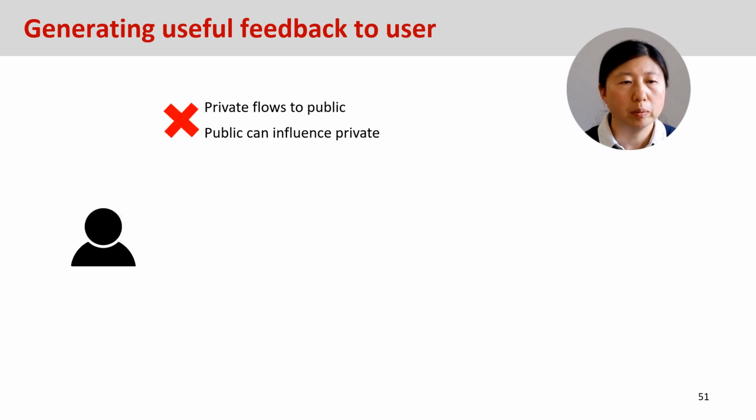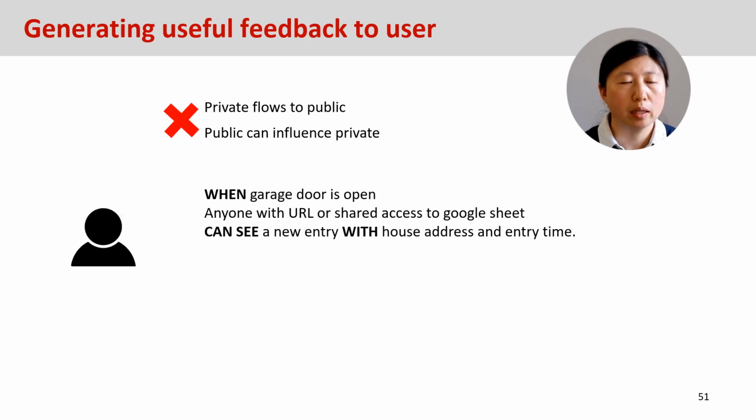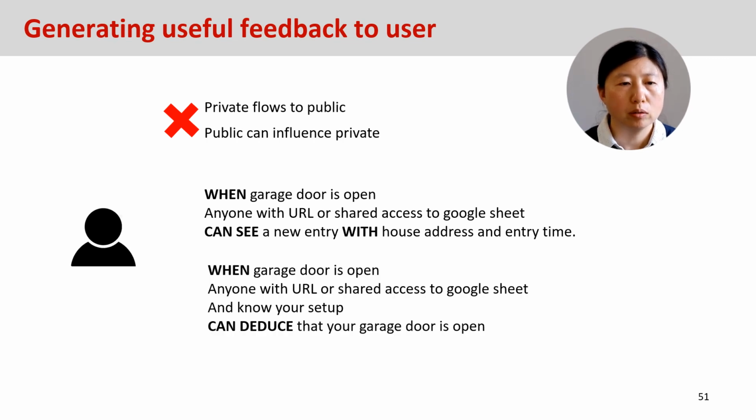However, this is unlikely to be understood by the users, therefore they're going to ignore this warning. Instead, it's probably more useful to say something like, when garage door is open, anyone with the URL or shared access to the Google Sheet can see a new entry with the house address and entry time. Or that when garage door is open, anyone with the URL or shared access to the Google Sheet and knows your setup can deduce that your garage door is open.